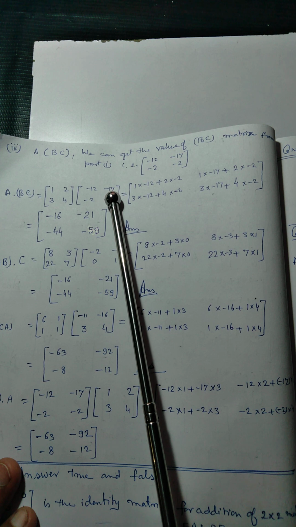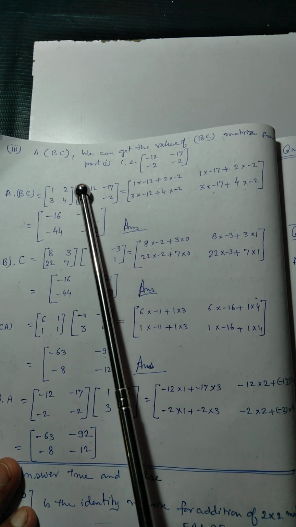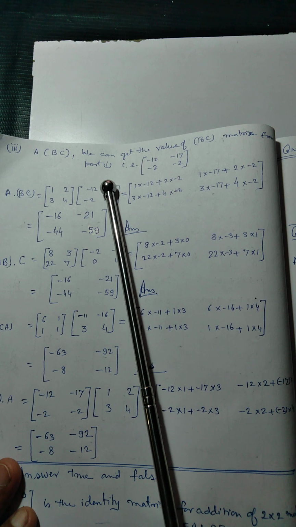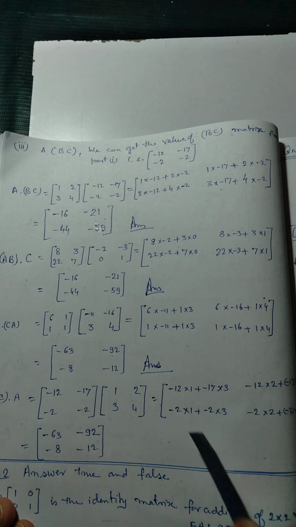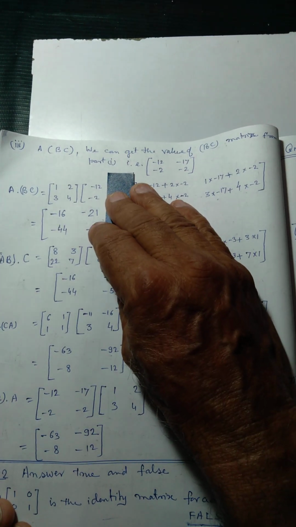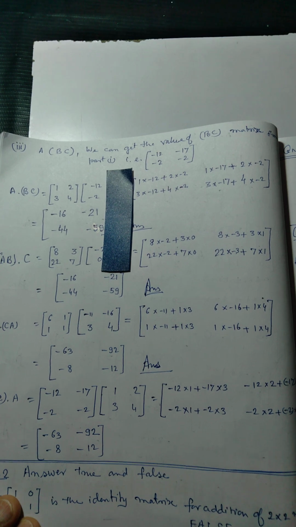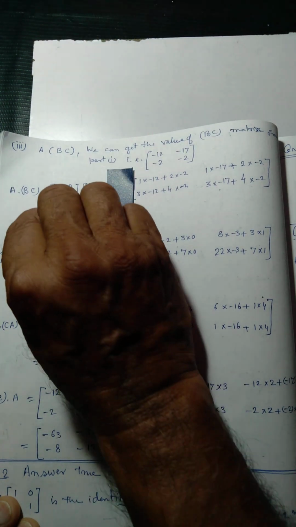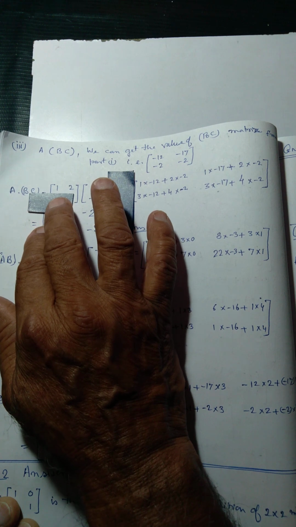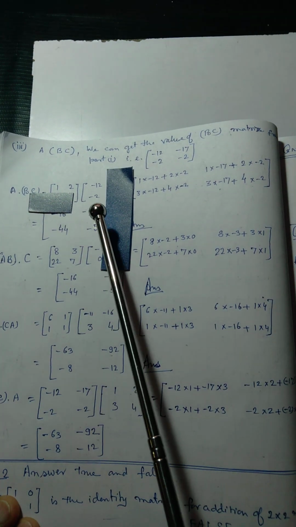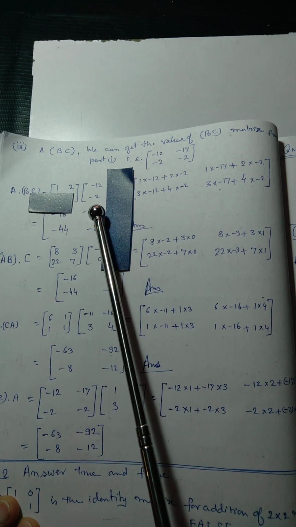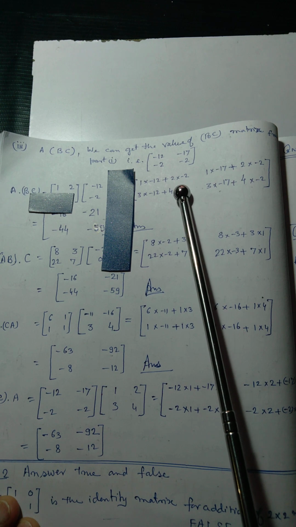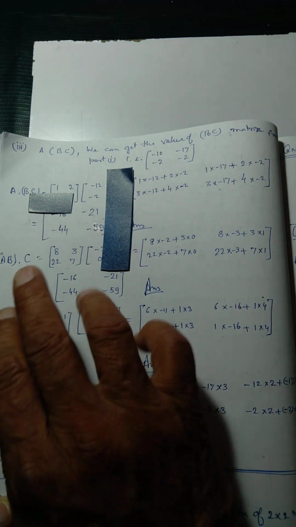So now we start multiplying it, the first row and first column. So 1 will be multiplied to minus 12, 2 will be multiplied to minus 2, I have written here. Now this complete row will be as it is.